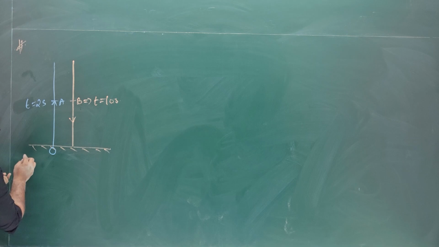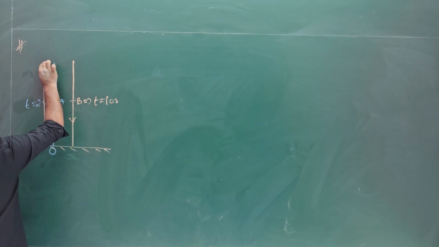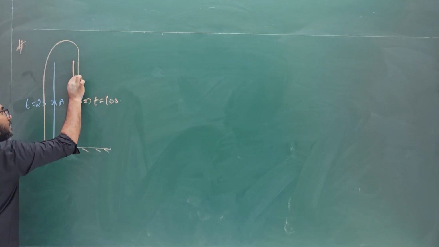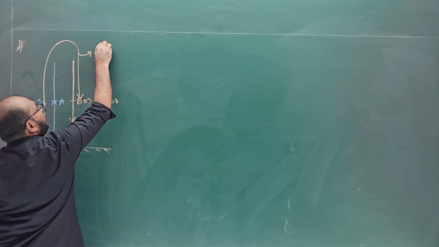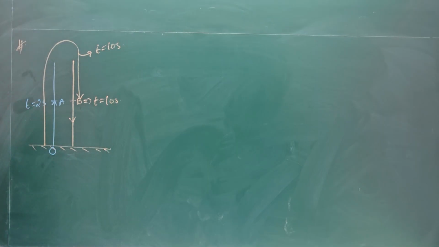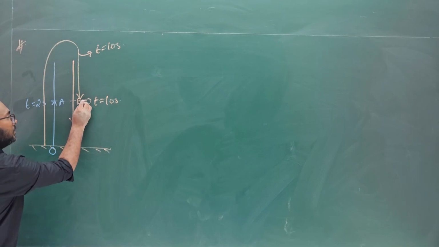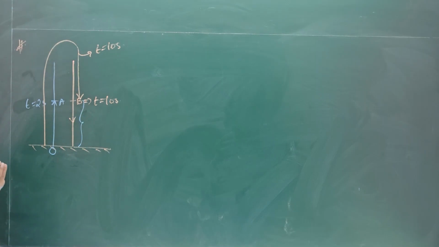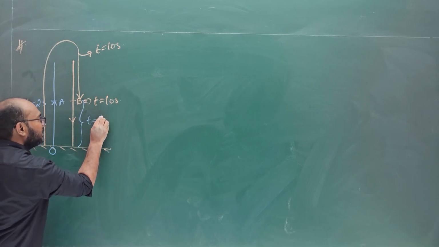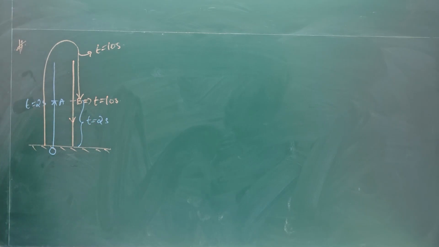That means, can I say that the body started from here and it moved like this and reached point B, it took how much time? 10 seconds here. Yes or no? Now, can I say that the body will take from here to here how much time do you think? Yes, 2 seconds. So the body will take another 2 seconds to reach this point.